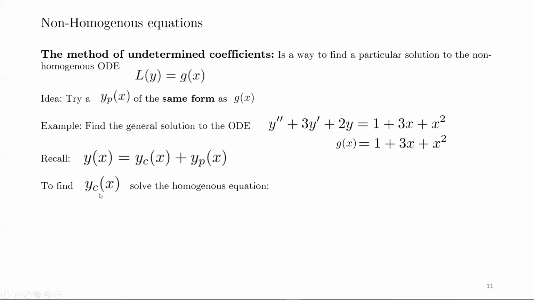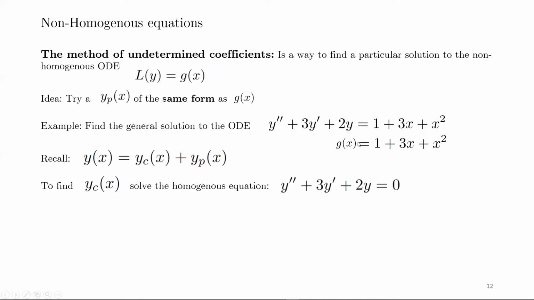So let's begin by finding the complementary solution. So recall this is the y_c, the complementary function solves the homogeneous equation y double prime plus 3y prime plus 2y equals 0. So now we're looking at the homogeneous version of the ODE we were given.